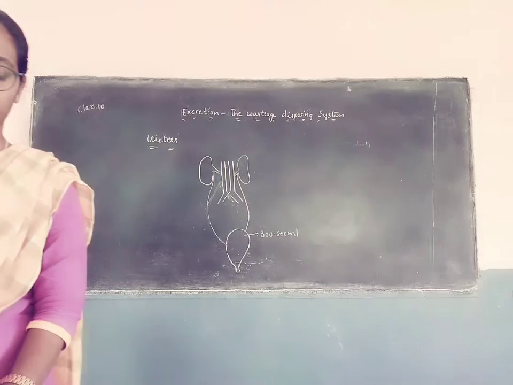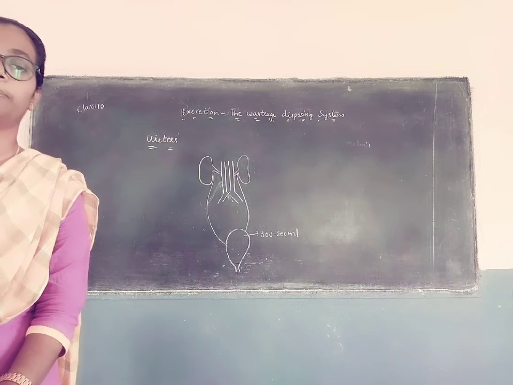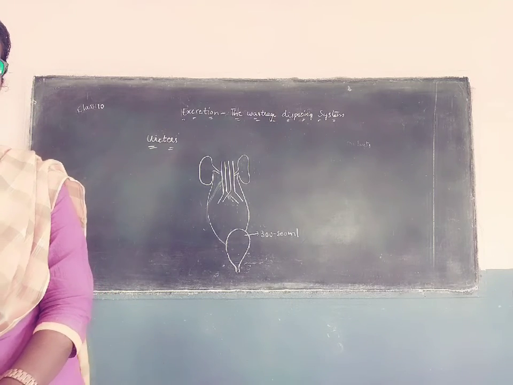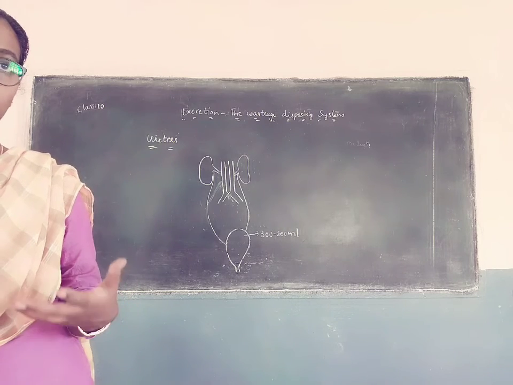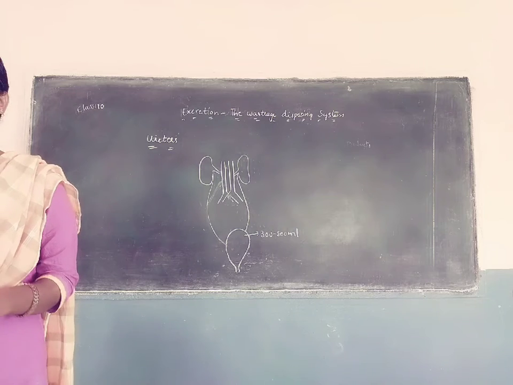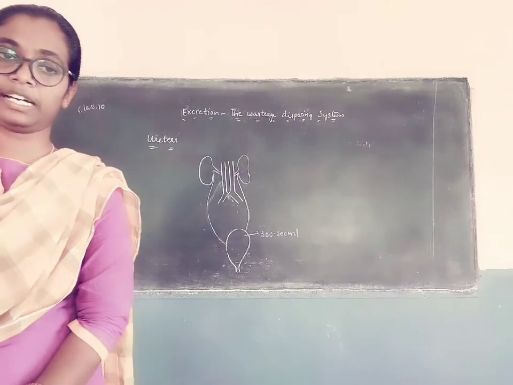So what is happening here? After the bladder fills up to 300 to 400 ml of urine, it starts, so we will feel uneasy. So we are getting ready to pass it out from the bladder.